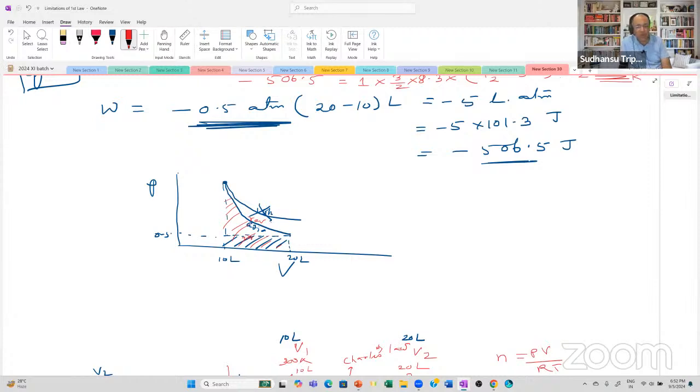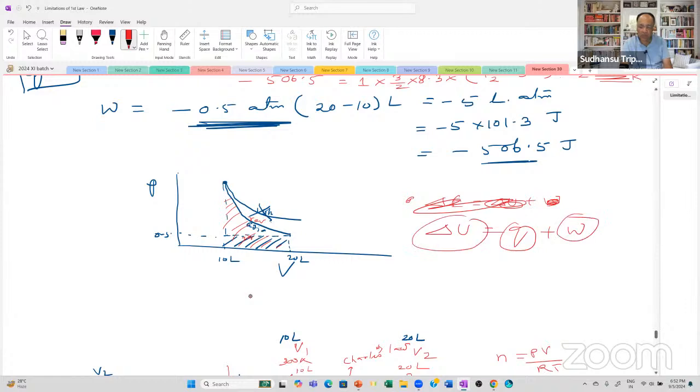Therefore, as you know, in case of the adiabatic process, this is, sorry, this is 0. So delta U is equal to W. So whatever work has been done by the system, it is by spending its own internal energy. So the internal energy will drop, the temperature will drop.